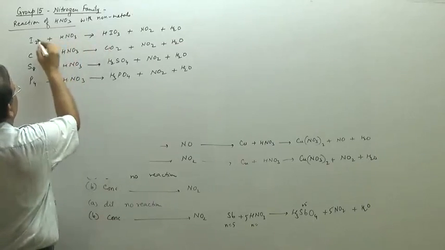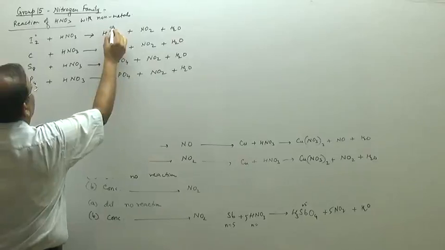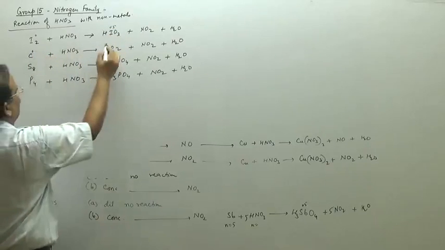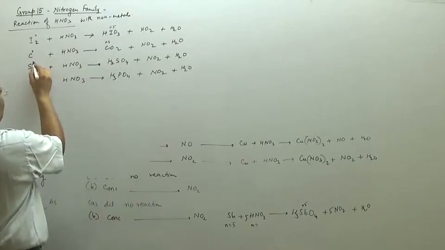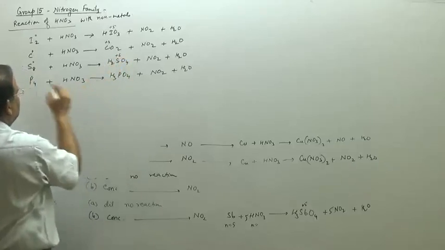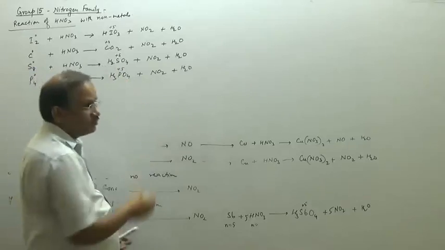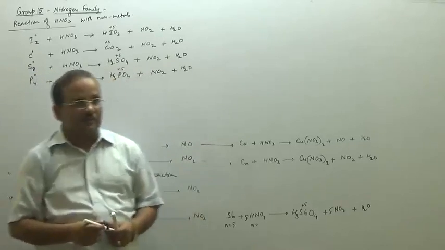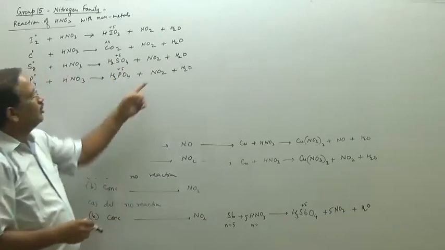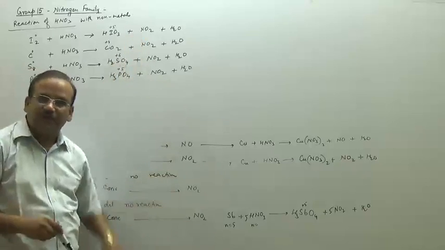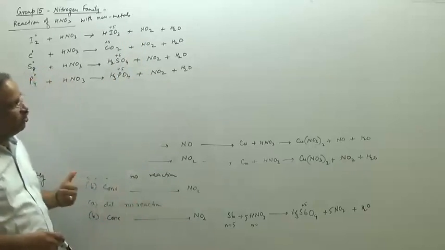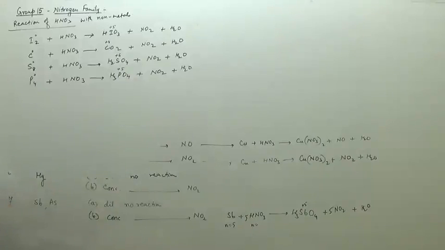You can balance on the basis of 0, +2, +5, and 0, +2, +4, like that. That is the balancing of redox reactions. But in concentrated nitric acid, we always get NO2 as the product, whether it is a metal or non-metal. The product remains the same in concentrated nitric acid.